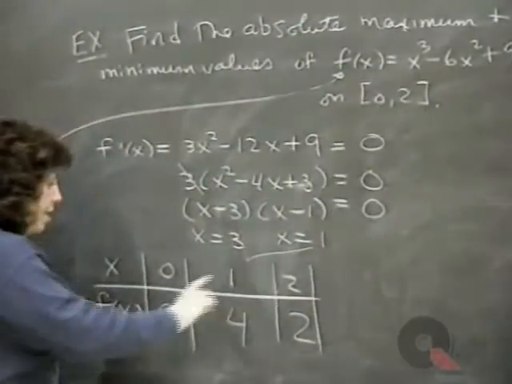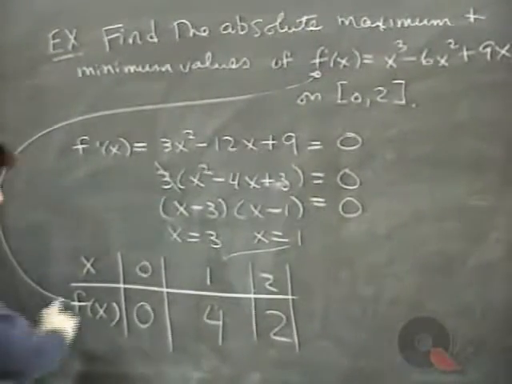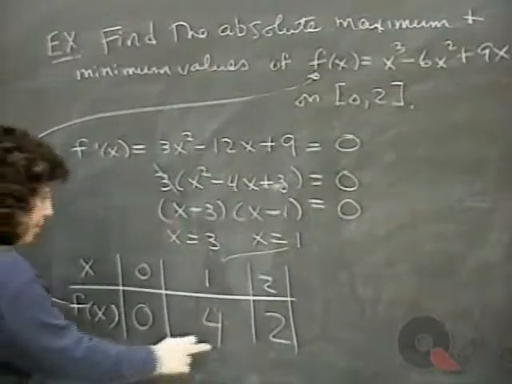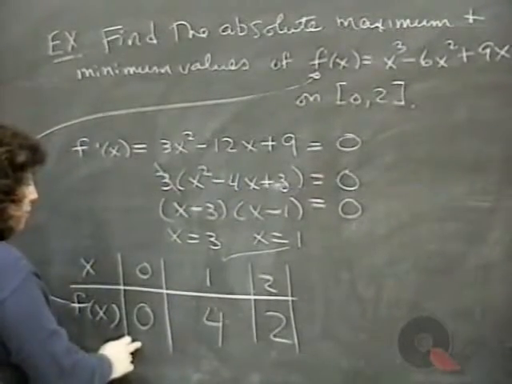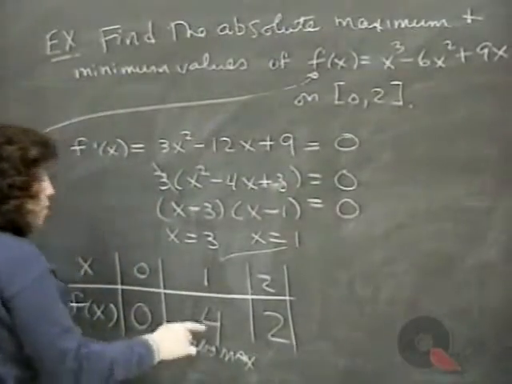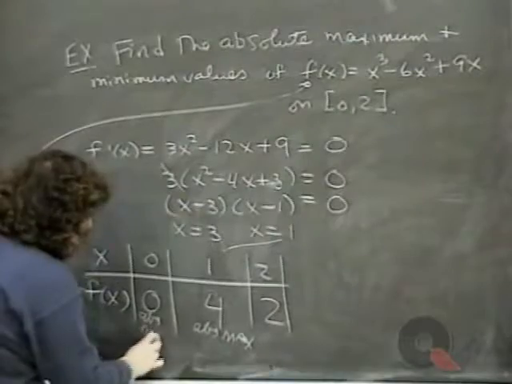Now, we substitute into the original function, not into the derivative. The largest of these y values is the absolute maximum, and the smallest is the absolute minimum. So the absolute maximum value is 4, occurring when x equals 1, and the absolute minimum value is 0, occurring at x equals 0.